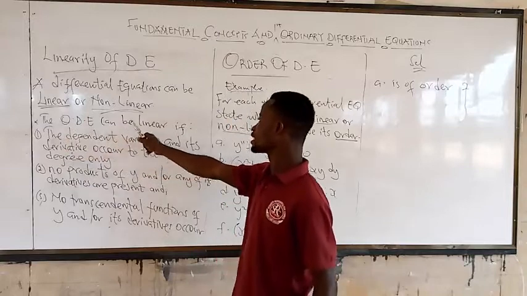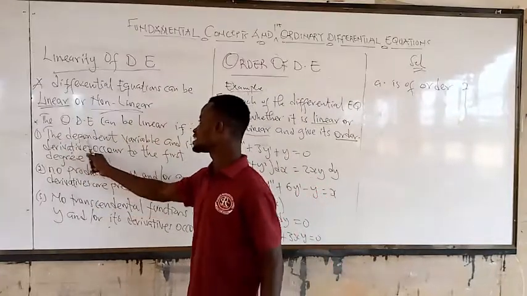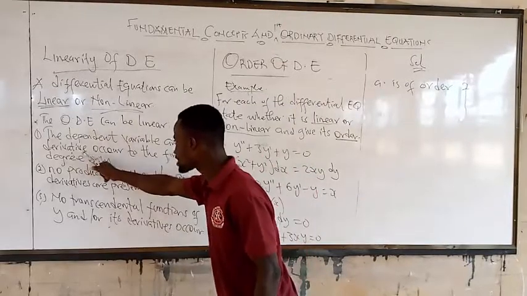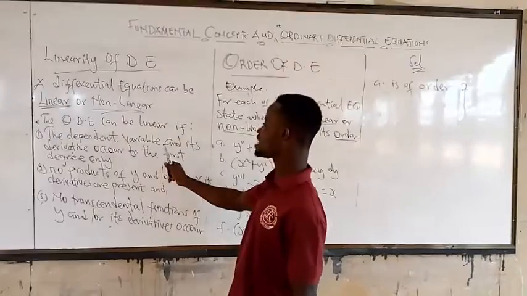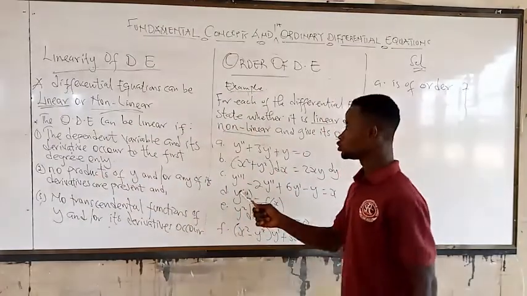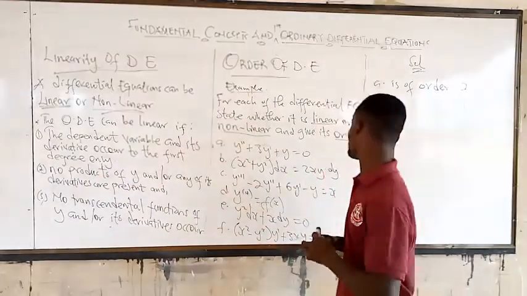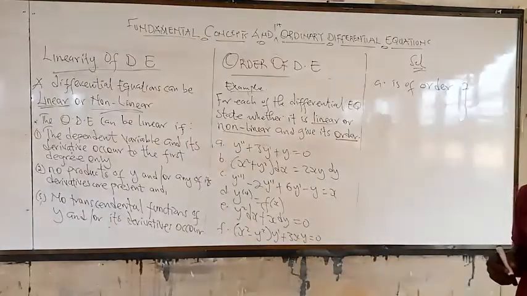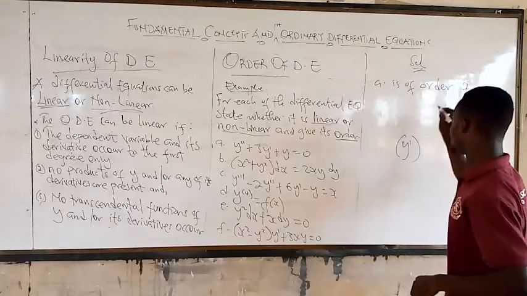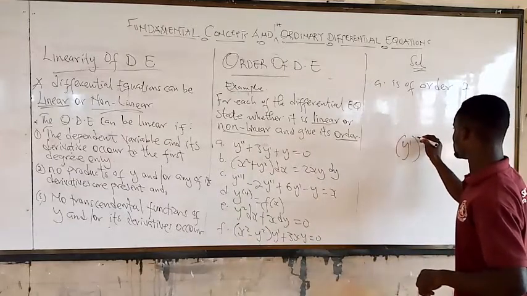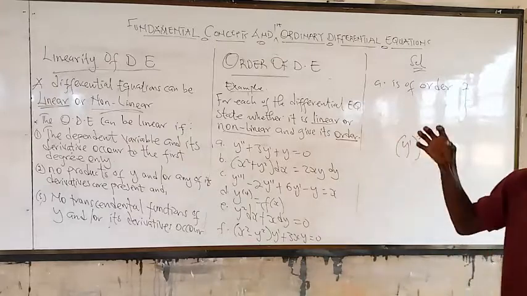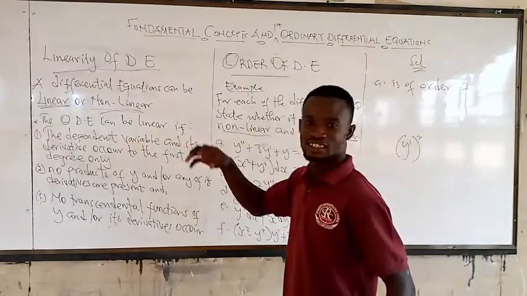The ODE can be linear if the dependent variable and its derivative occur to the first degree only. Do you know what this means? Now I'm going to explain to you. For instance, if we have y prime with degree 2, this cannot be a first order linear differential equation.